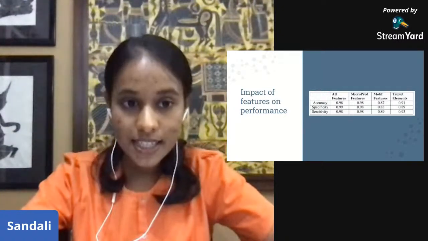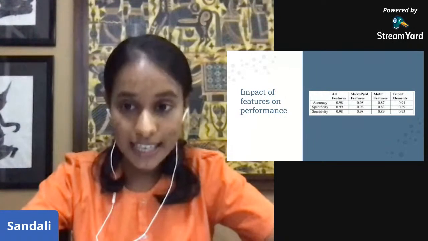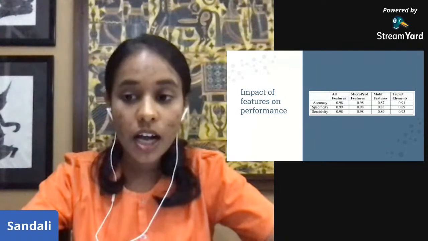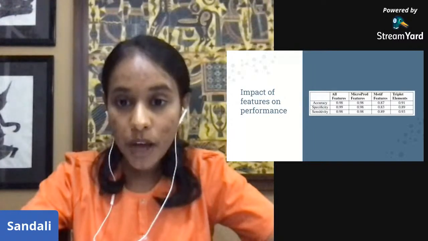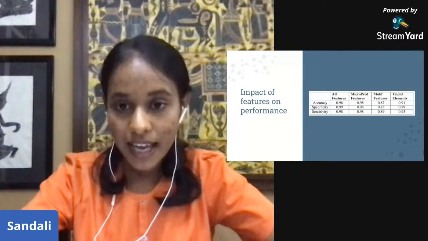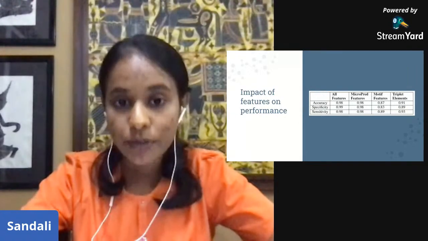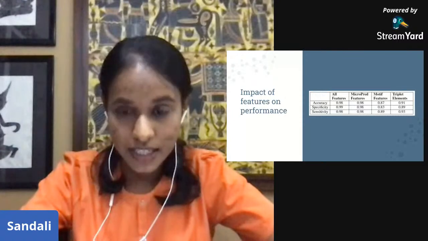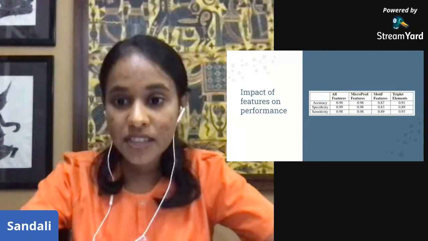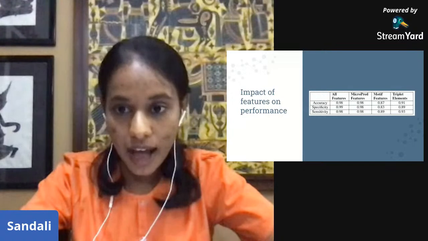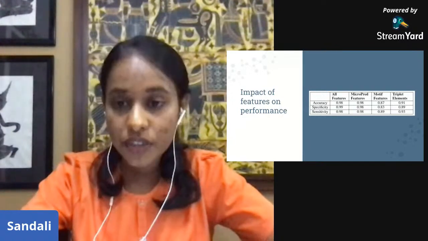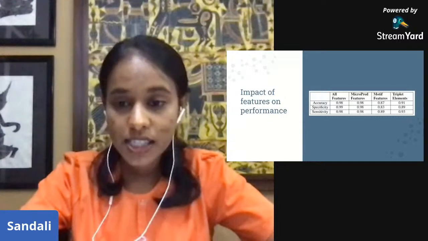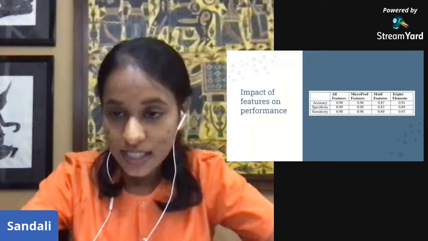Here you can see we have tested our models feature-wise. MicroPred features have gained 98% for accuracy, specificity, and sensitivity, and motif features around 85 to 87% for accuracy, 83% for specificity, and 89% for sensitivity.